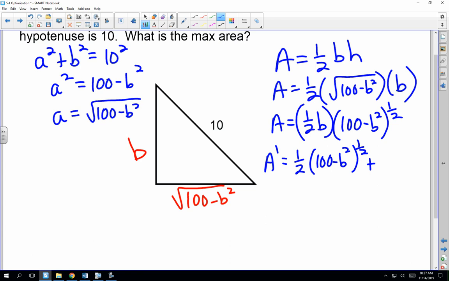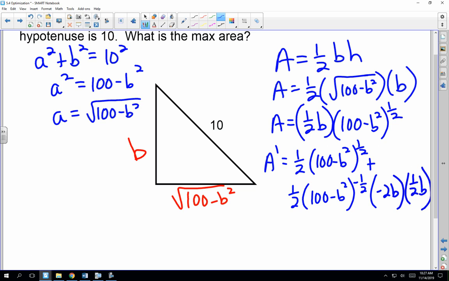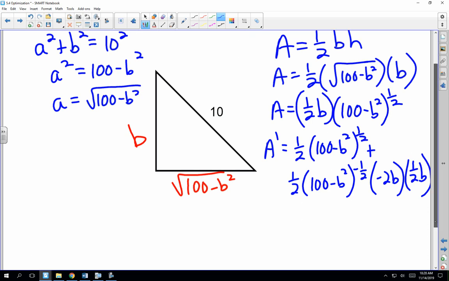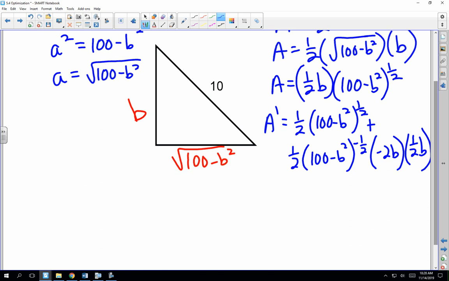So we've got plus 1/2 times 100 minus b squared to the negative 1/2 times the derivative of the inner function, which is negative 2b, times the first function, 1/2 b. So that is my entire derivative, a prime.